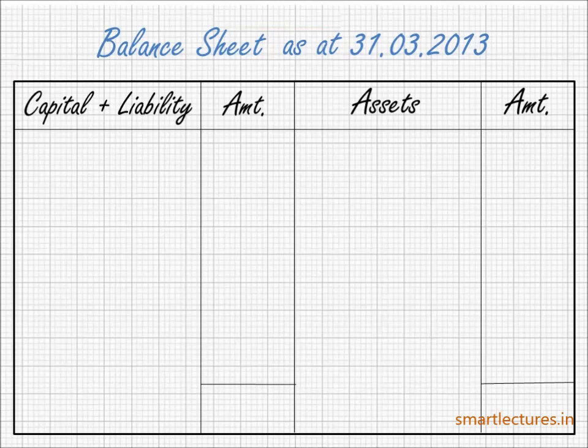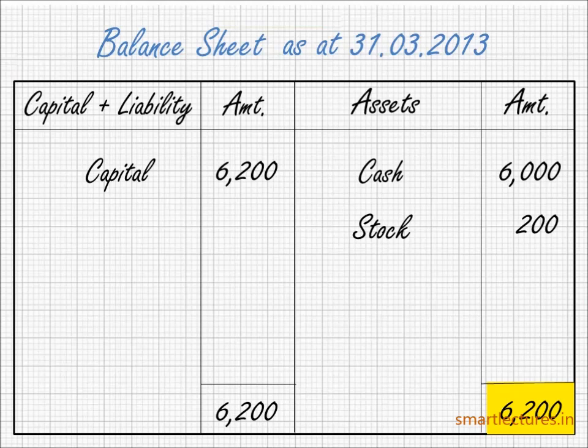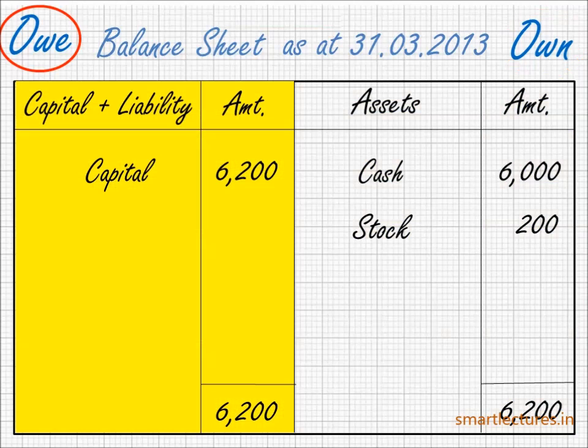On the left hand side, capital 6,200, this has been taken from the equation, and on the right hand side in the column of assets, cash rupees 6,000 and stock rupees 200, and total 6,200. This is the balance sheet. It means this balance sheet tells about what you own and what you owe. At this moment, the firm owns rupees 6,200 and the firm owes nothing, but capital is rupees 6,200.